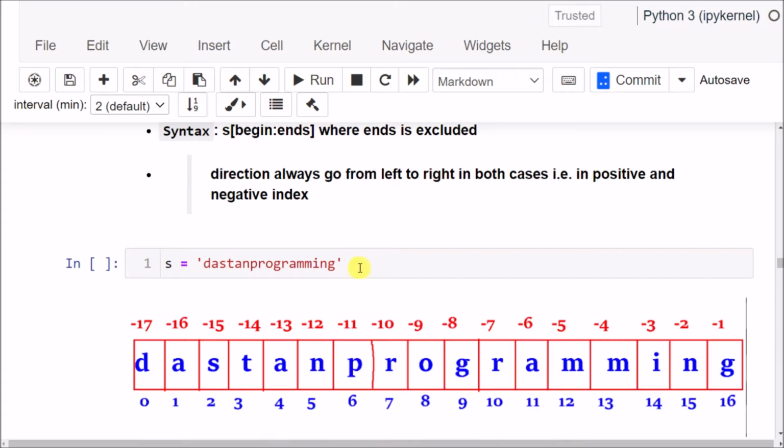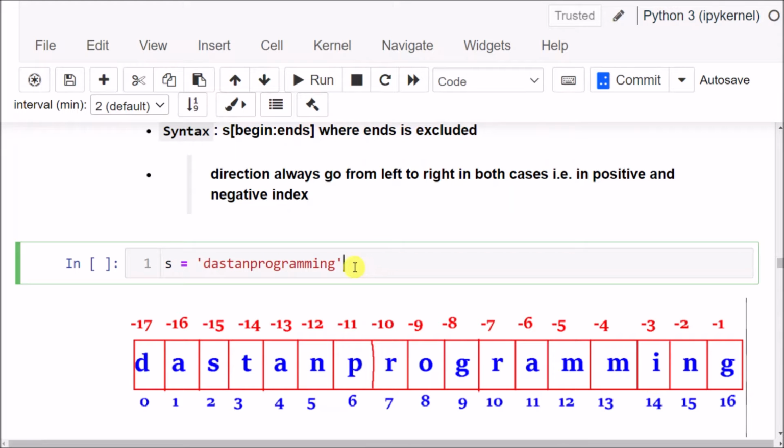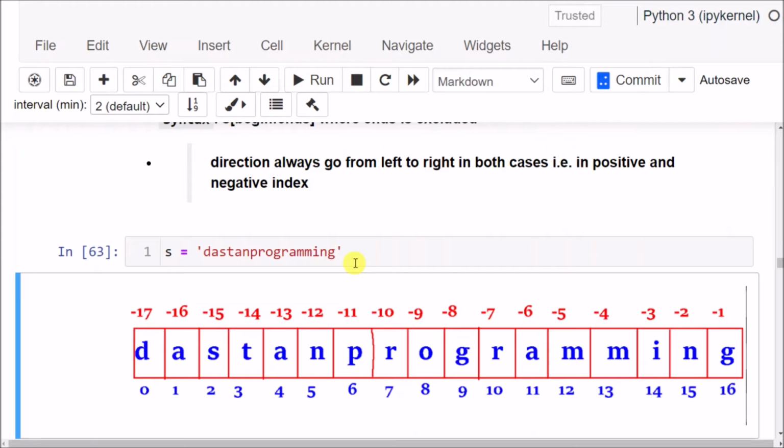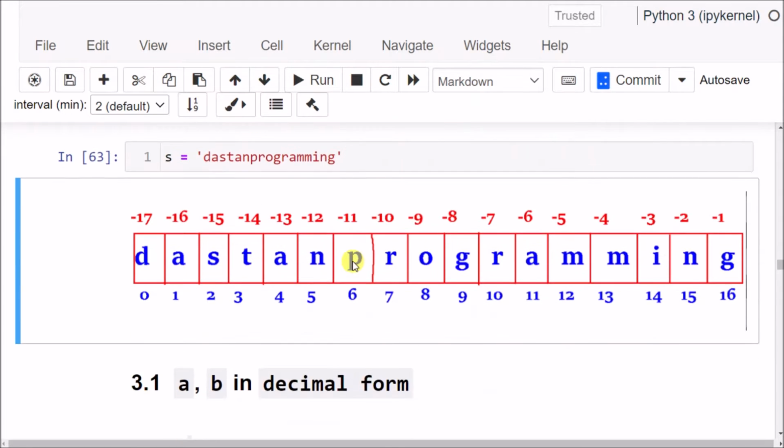Okay, so here I have created one string variable S, where the value Dastan programming is assigned. We can see D is present at the 0th index, A is present at the 1st index and also at the minus 16th index.